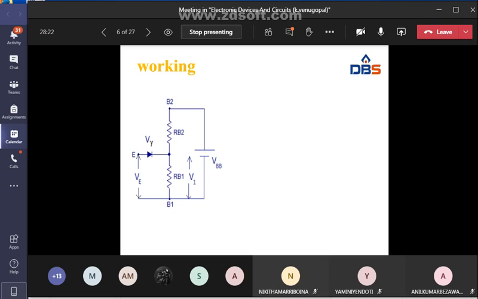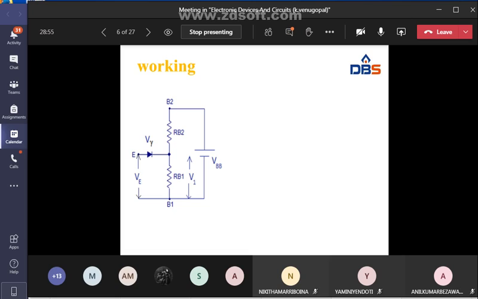If you apply the emitter voltage, for example, if V1 is 5 volts and VE is 2 volts, the diode is still in reverse biased condition, in off state.